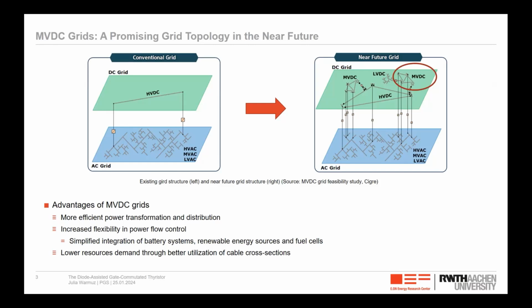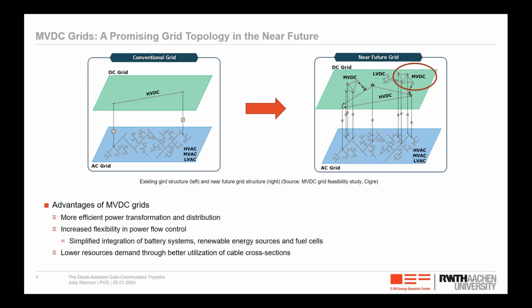And when we want to distribute the energy over long distances, we also don't have reactive power, which makes us more efficient. We also can increase the flexibility in the power flow control, basically because we use power electronics converters. So we have a simplified integration of battery systems, renewable energy sources, and fuel cells. And of course, we have a lower resource demand because we can better utilize the cable cross-section, because we don't have the reactive power.